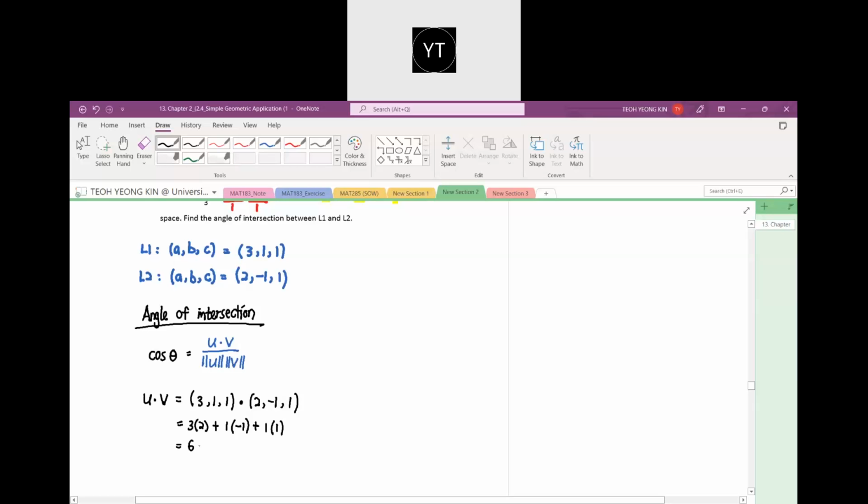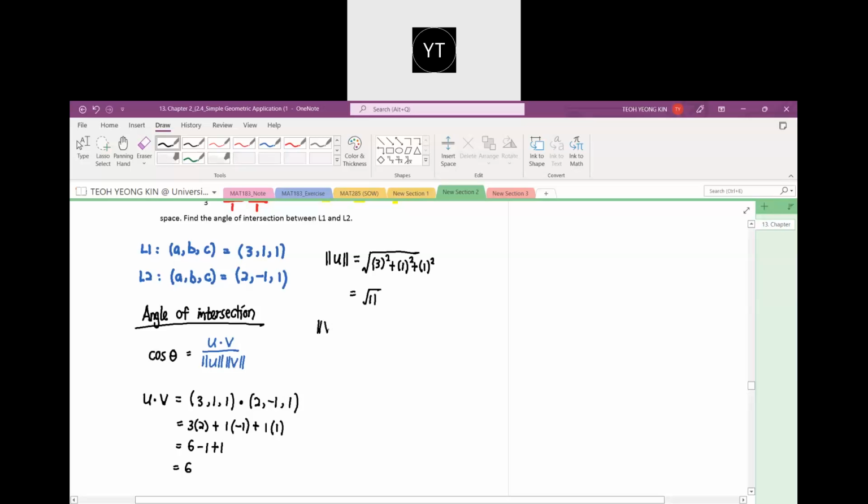So here is 6 minus 1 plus 1, which equals 6. And then we find the magnitude of U, which is the square root of 3 squared plus 1 squared plus 1 squared. So here is 9 plus 2, the square root of 11.